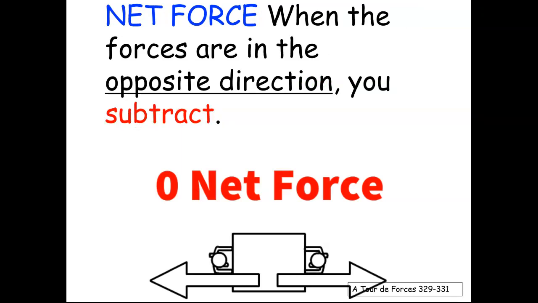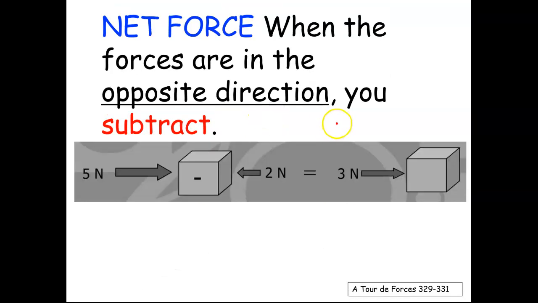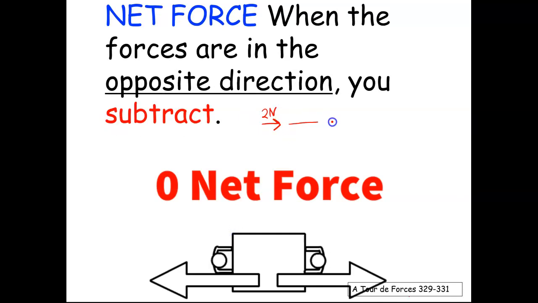When the forces are in the opposite direction, you subtract them. And you're always going to subtract the smaller force from the bigger force. So when they're in opposite directions, let's say this is 2 newtons and this is 5 newtons.